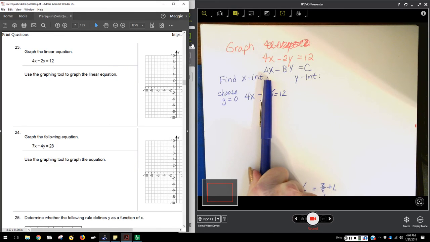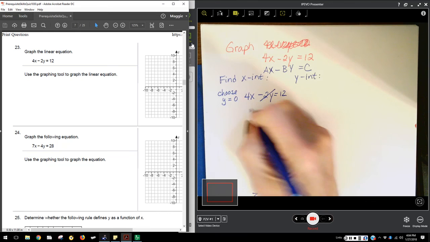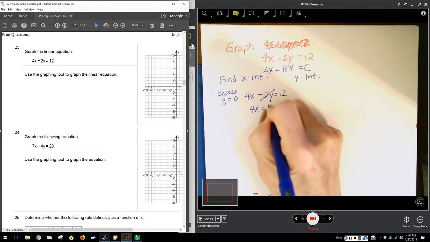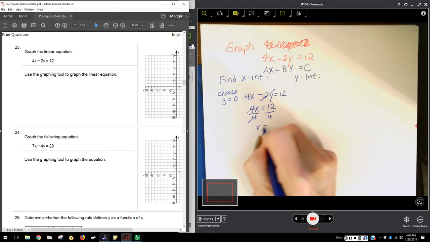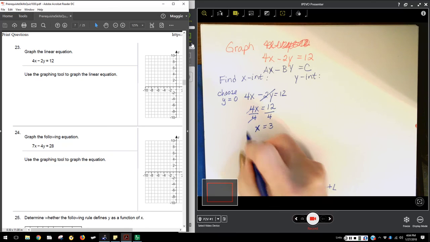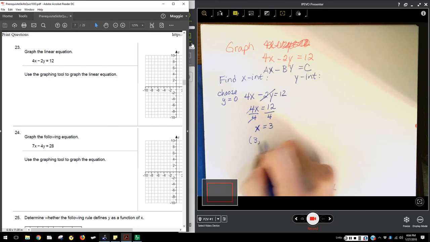So that means 4x is equal to 12. And that means x is equal to 3. And that gives you the point 3, 0.